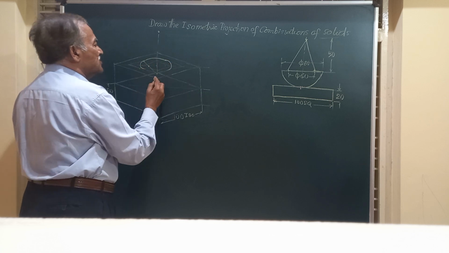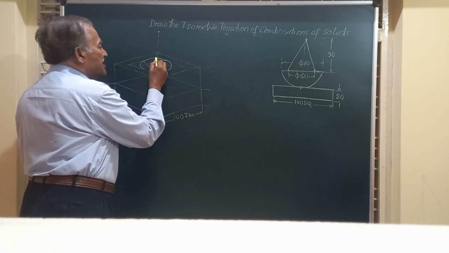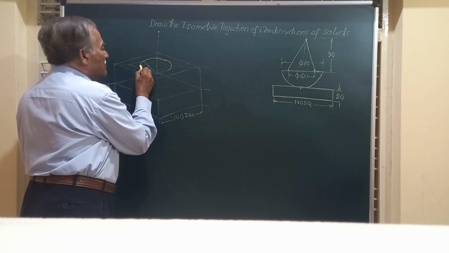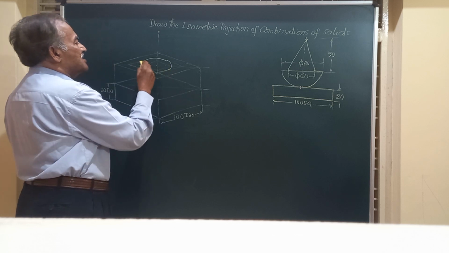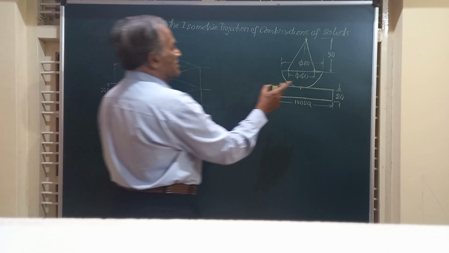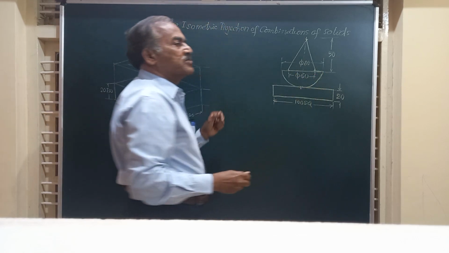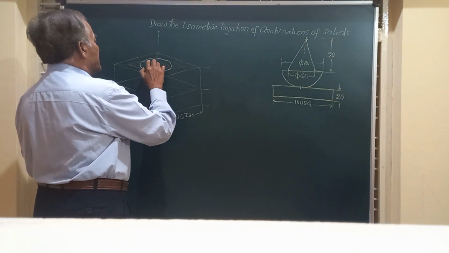So 1, 2, 3 over. Similarly with the center C4 and radius equal to this much, I am going to draw that. So this is the top surface of this hemisphere which appears as an ellipse. That ellipse we have drawn, friends.